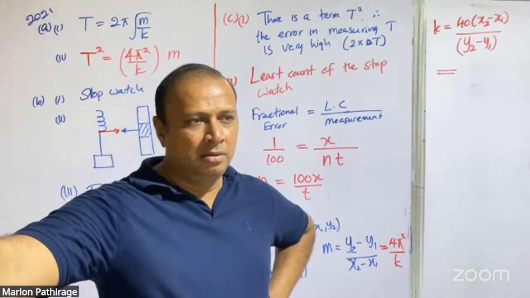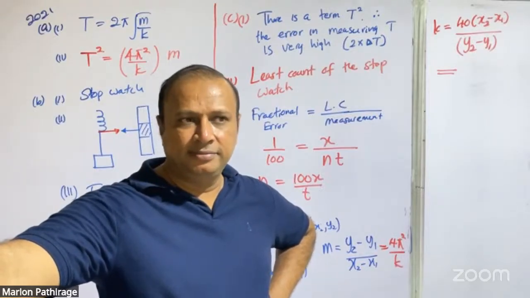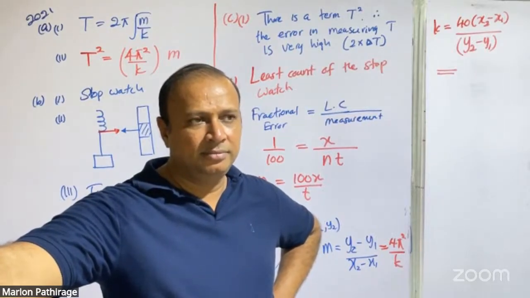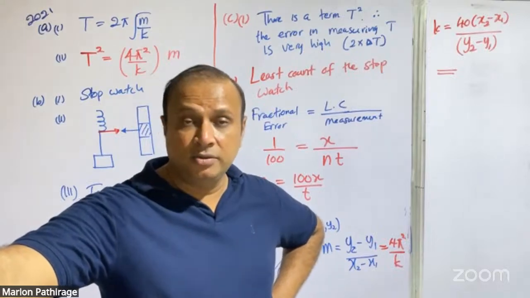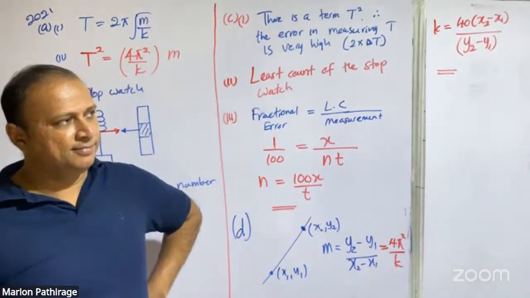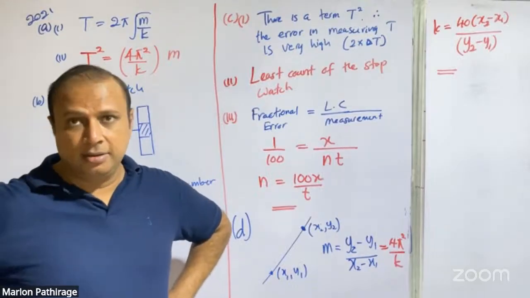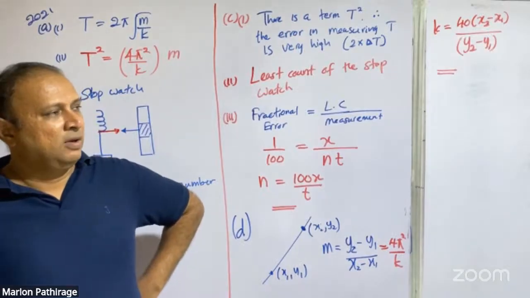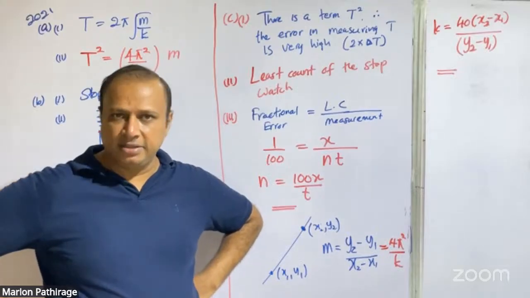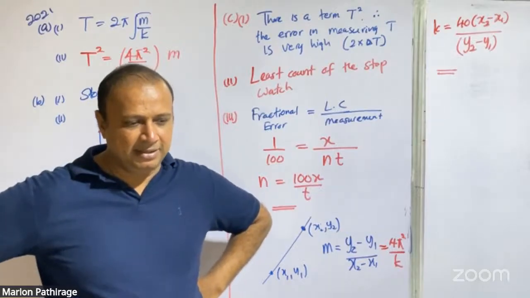Therefore, although we anticipate a y equals mx type graph, we will get a y equals mx plus c type graph.